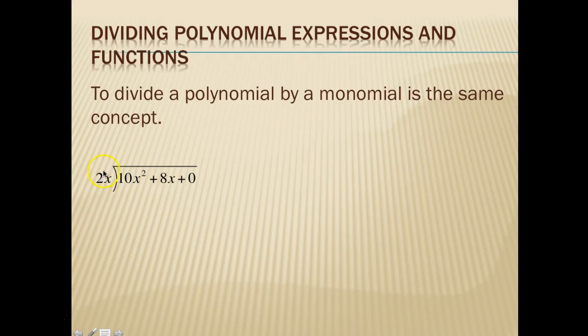So when you divide, you look at your dividend and then you look at your divisor. You ask yourself, how many times will this divisor go into the first term in your dividend? It's important to remember that when you figure out how many times this divisor will go into this first term in your dividend, the answer must go above its like term.